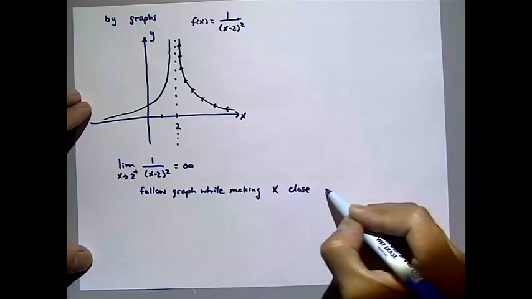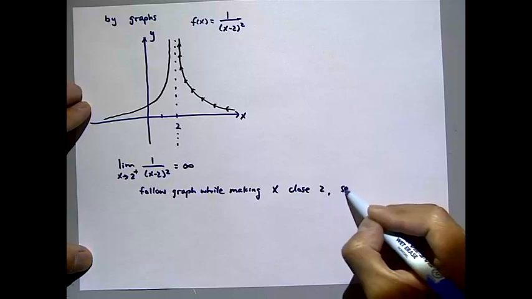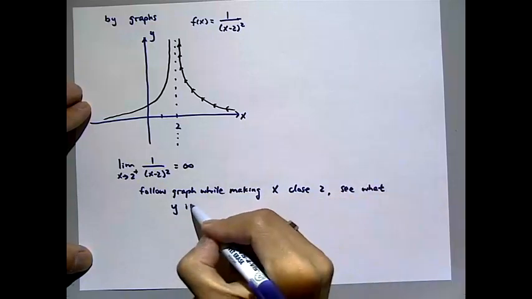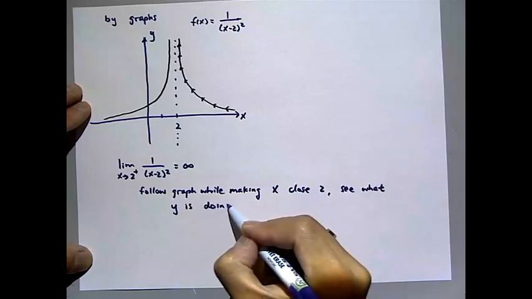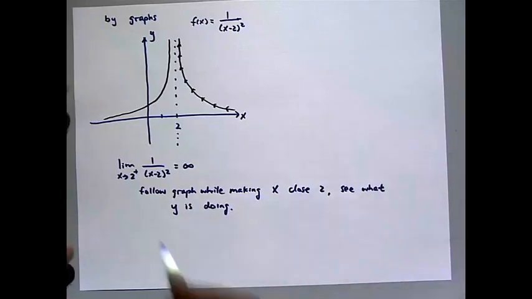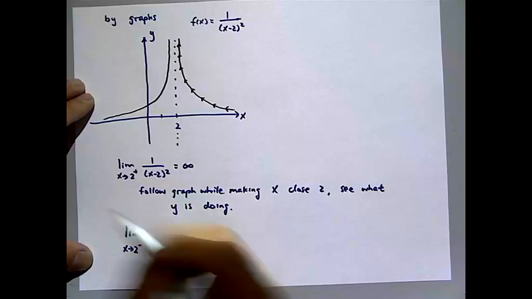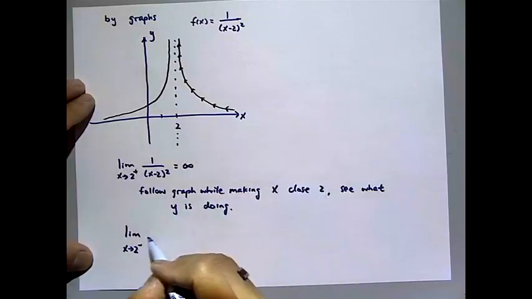While making x close to 2, we see what y is doing. The left-side limit, same idea.